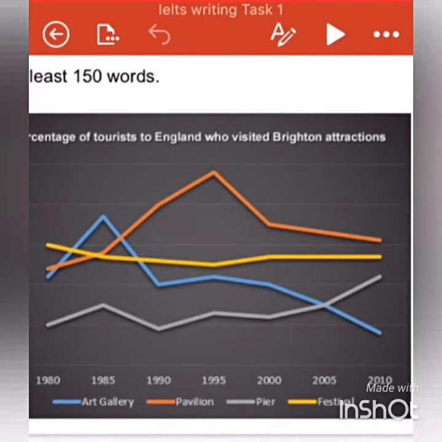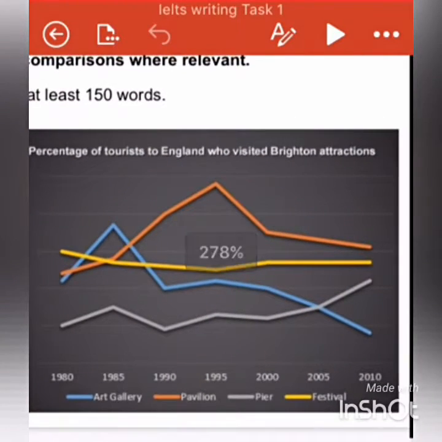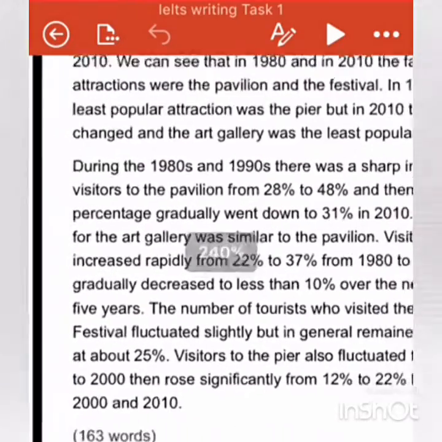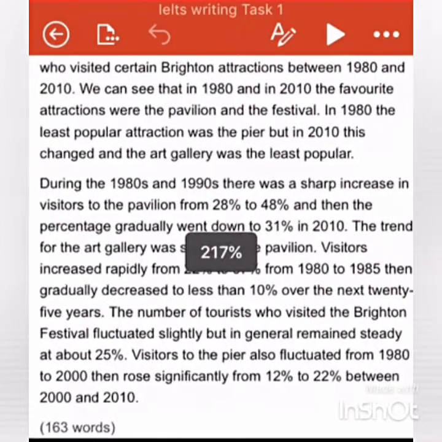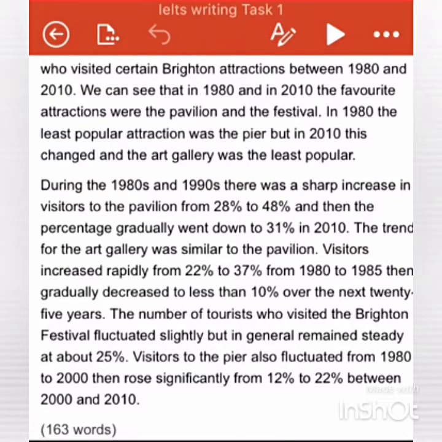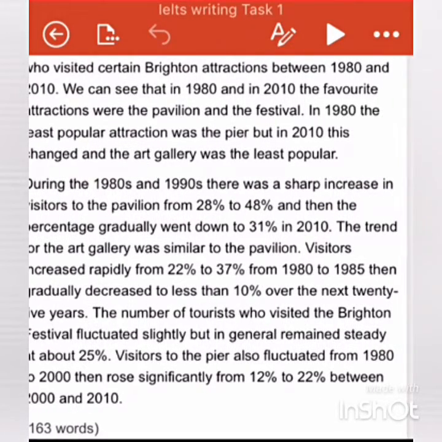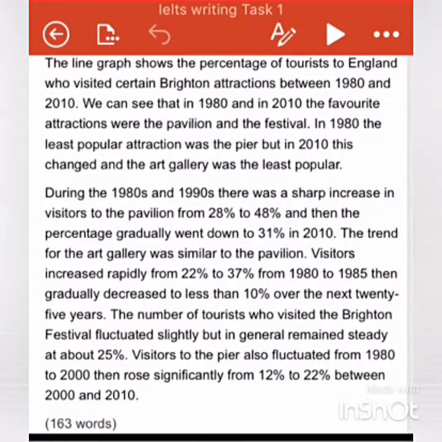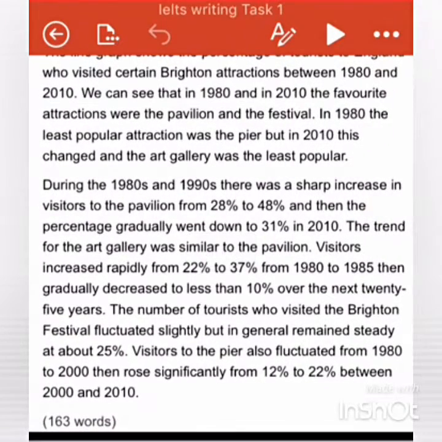So you can see the trends changing with the years. So this trend information has been explained with beautiful vocabulary, and the sentence structure used here is great too. So to get good bands, you are to use a high level of vocabulary here.